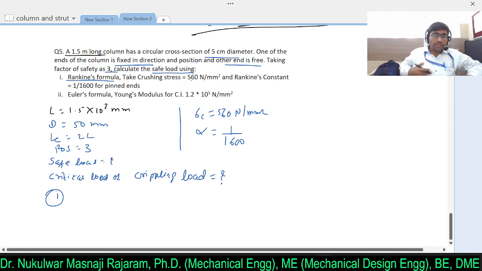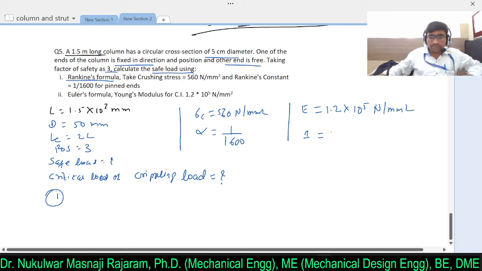Clear? Now for Euler's formula, Young's modulus E is given for cast iron, that is 1.2 into 10 to the 5 Newton per mm square. You must evaluate the I. Clear? Now first we will see the I, as this is circular.